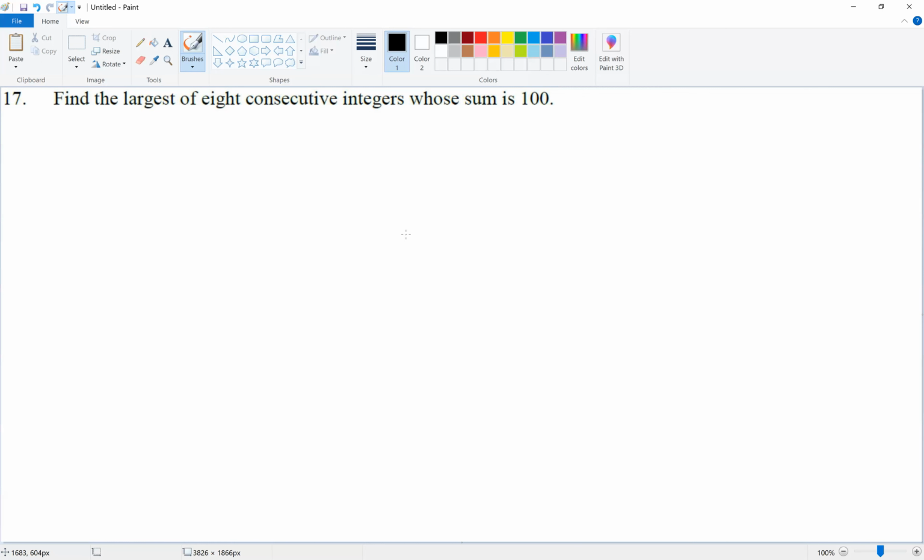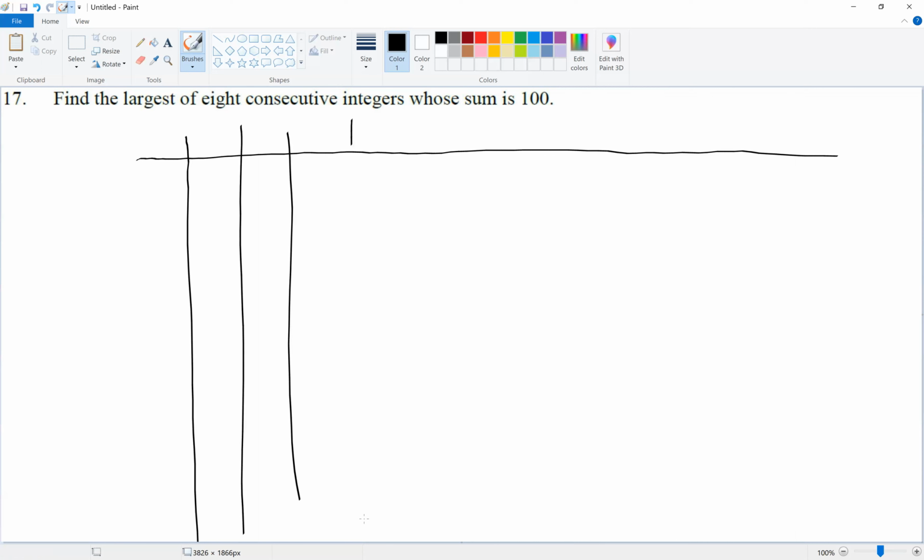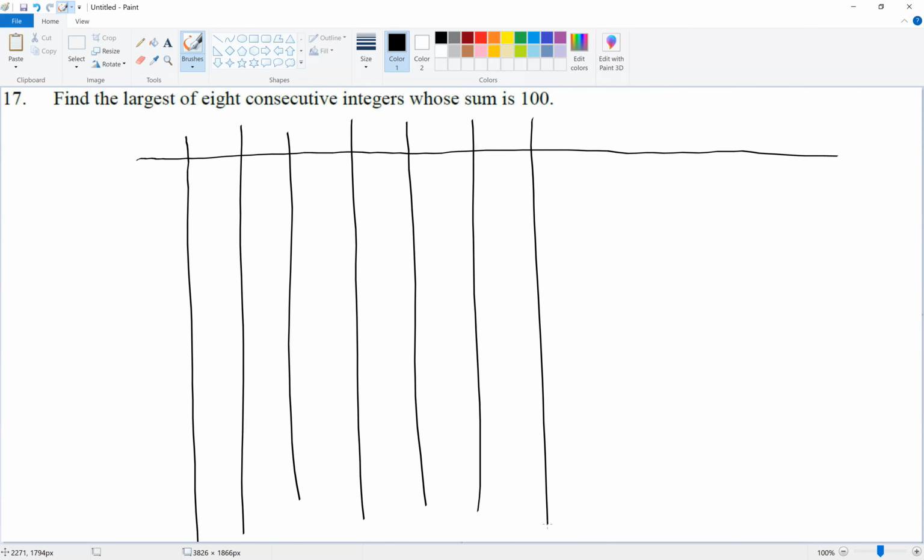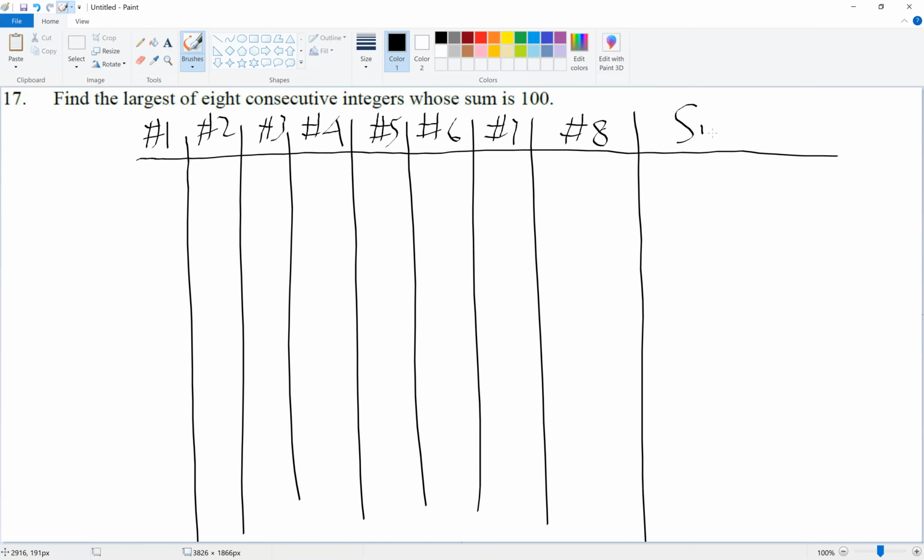I'm going to show you one method. It's just a pattern. So this is 1, this is 2, 3, 4, 5, 6, 7, and 8, and finally the sum.